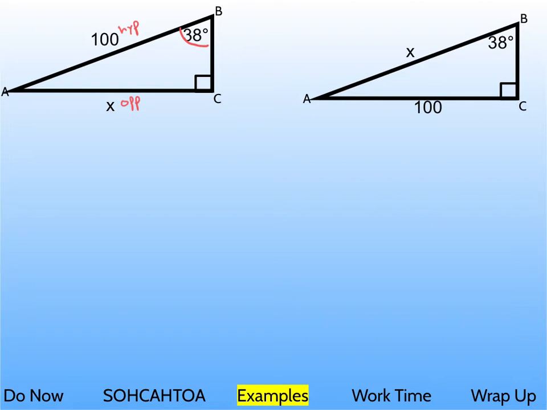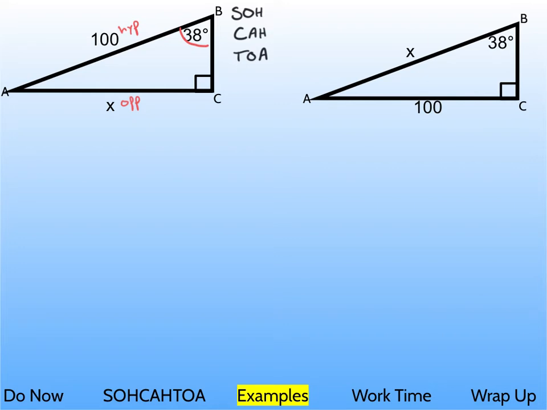Basically, what we're going to do now is look at it and think, well, which one of sine, cosine, and tangent uses opposite and hypotenuse? Wow, look at that. Sine is the only one that uses both opposite and hypotenuse. See how cosine's got adjacent, tangent's got adjacent, but we don't care about adjacent? That's why in this one we're going to use sine.